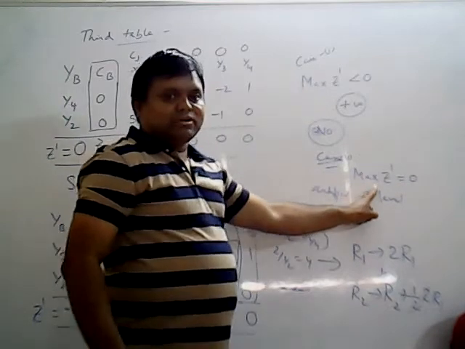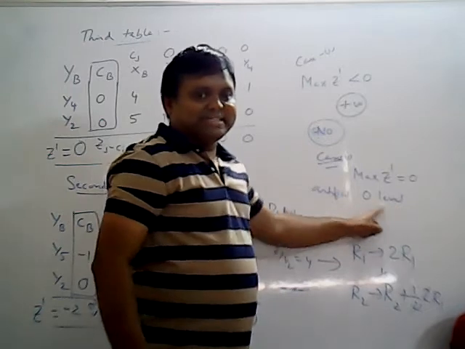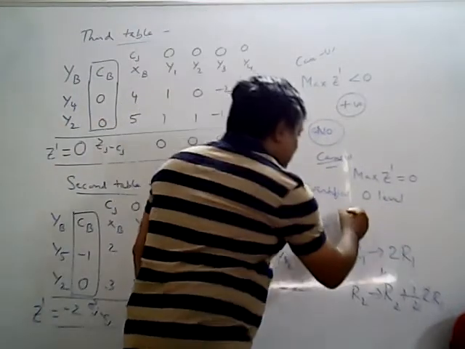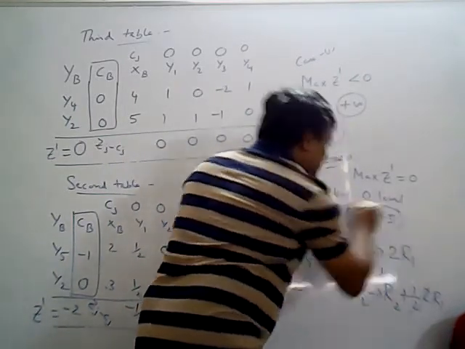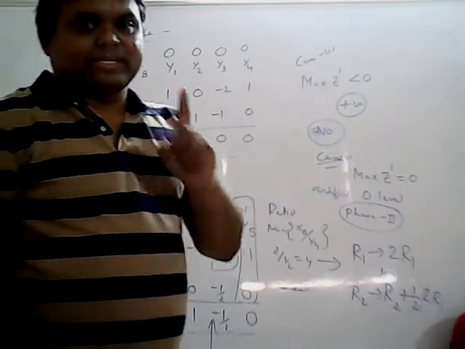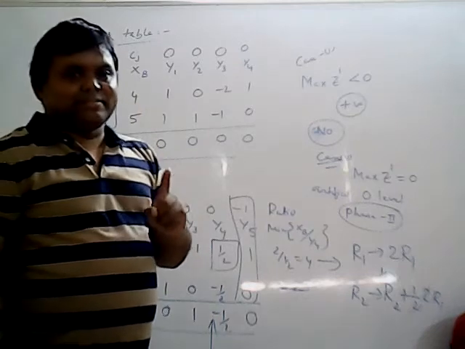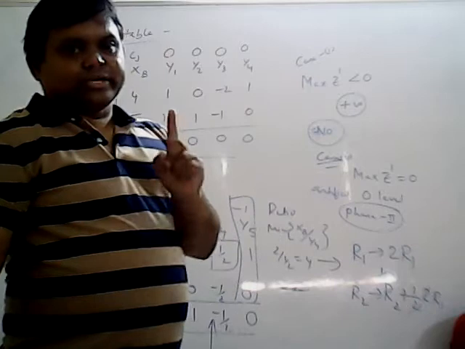Then you have to go to phase 2. Second case I am repeating: case 2 is nothing but maximum z dash equal to 0 and one artificial variable appears in the basis at 0 level. Then you can go to phase 2.